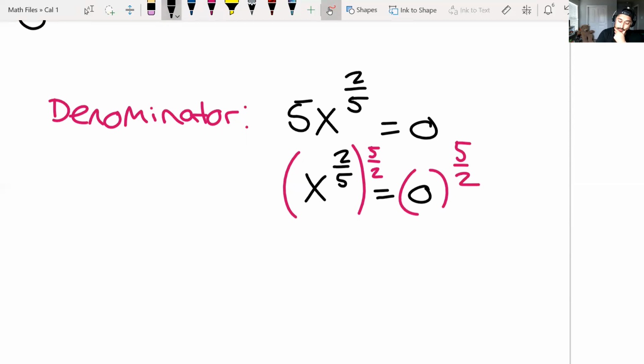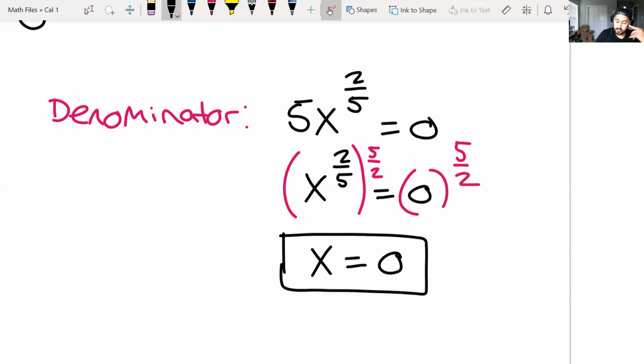Because power to a power is multiplication, which gives me 10 over 10, or just 1. So this just becomes x, and 0 raised to the 5/2 is still 0. Okay, and here's our second critical number.